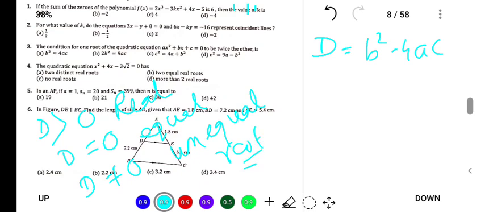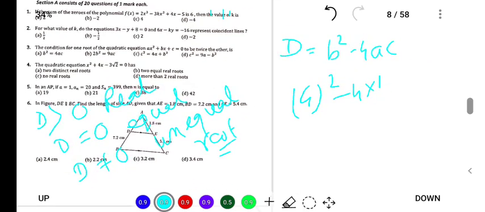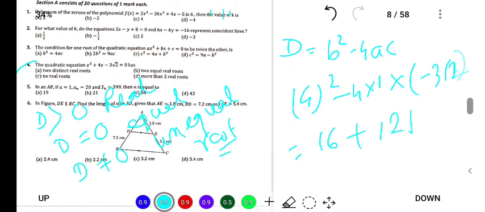So you find b square minus 4ac. Here b is 4, so 4 square, minus 4ac, where a is 1 and c is minus 3 root 2. So 16 minus minus, plus 12 root 2.